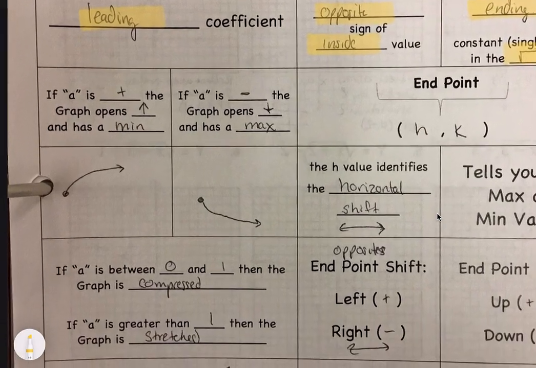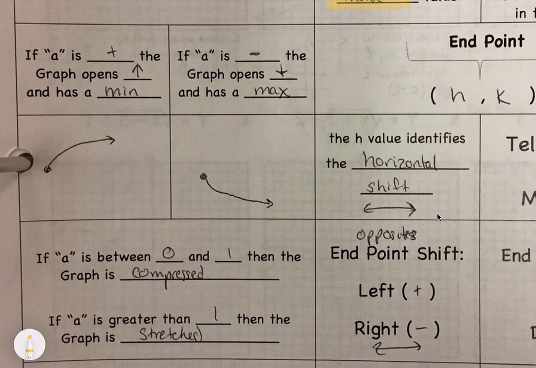So let's look at it a little closer. If a is positive, that means the graph is opening up and it has a minimum. So you can look and see the shape of the graph below. It's a dot, a point, and then it goes up and towards the right.